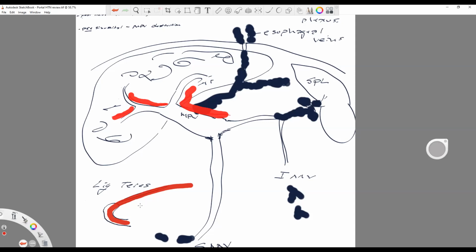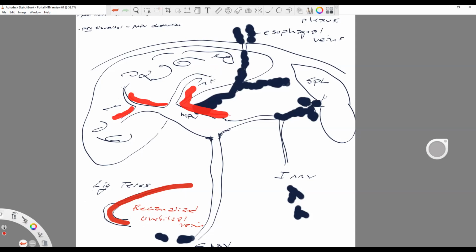In other words, a patent or canalized umbilical vein. Recanalized umbilical vein.